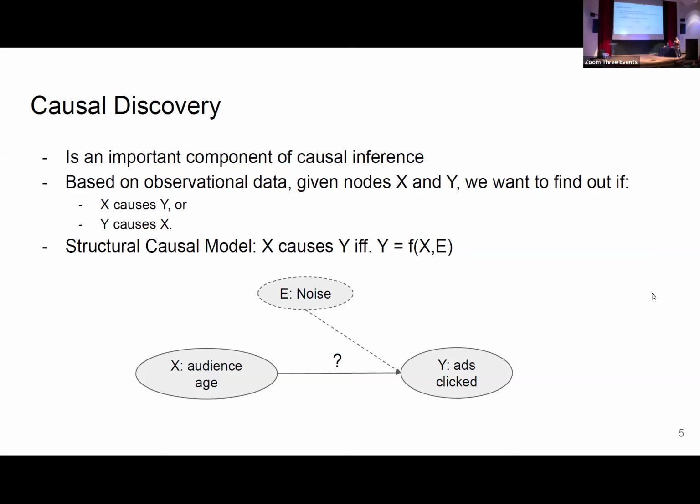We base this on the structural causal model, which says that x causes y if we can model y as a function that takes x and some systematic noise as parameters. Here you can see one example: the audience age might affect the probability that the ad is being clicked, and you have some systematic noise that also connects to the node.